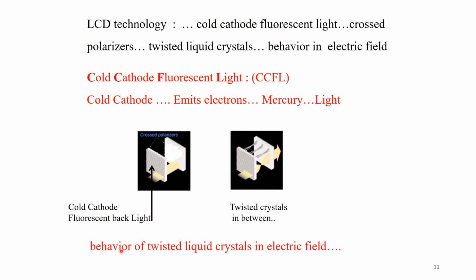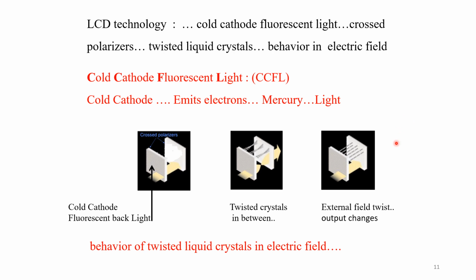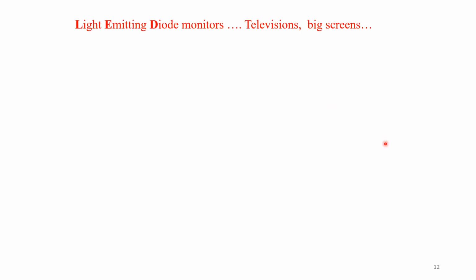And the behavior of the twisted crystals is imparted in the final process of the emission of the light from the electric field. So this is the external field twist. Whenever the twist takes place, the output is going to change.